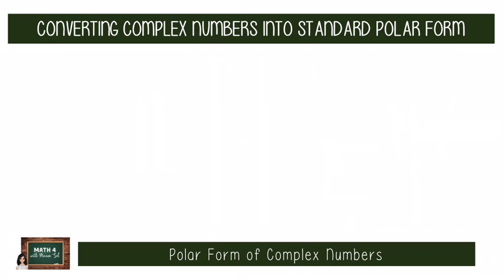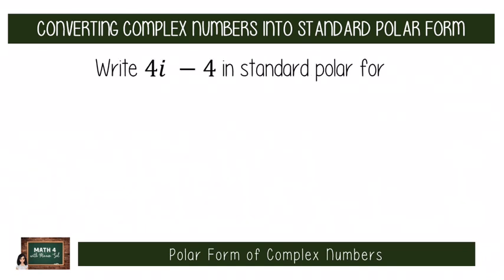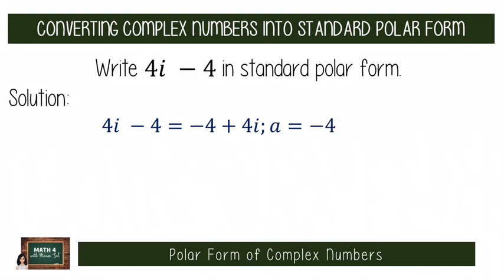Let us practice writing complex numbers in standard polar form. Let's say we will write 4i minus 4 in standard polar form. It would be helpful if we rewrite it to a plus bi, so we have -4 plus 4i. Thus, a is equal to -4 and b is equal to +4.